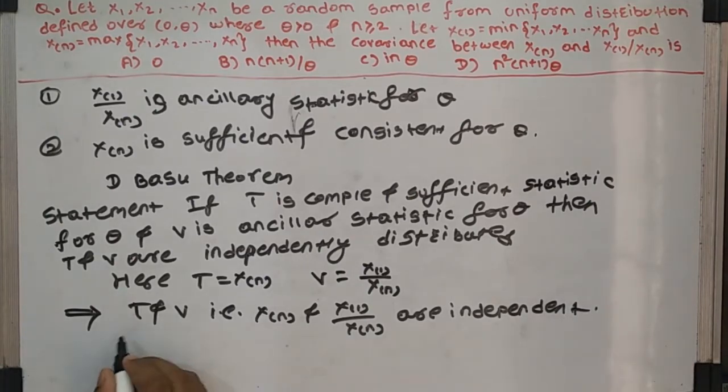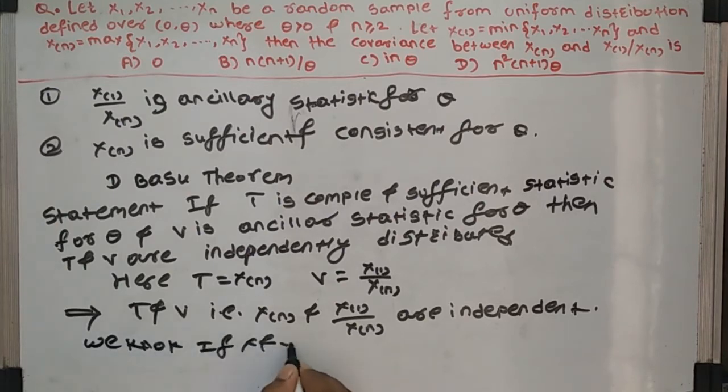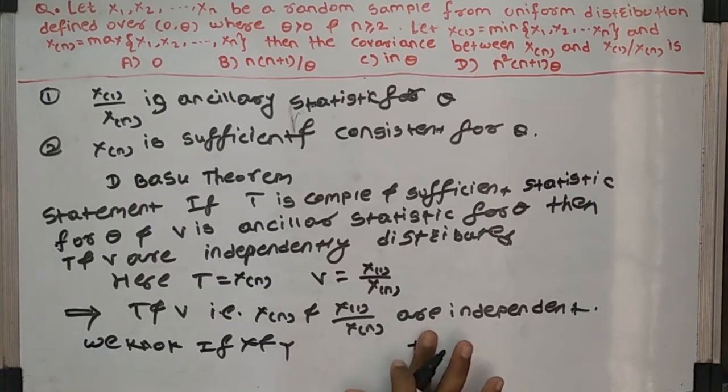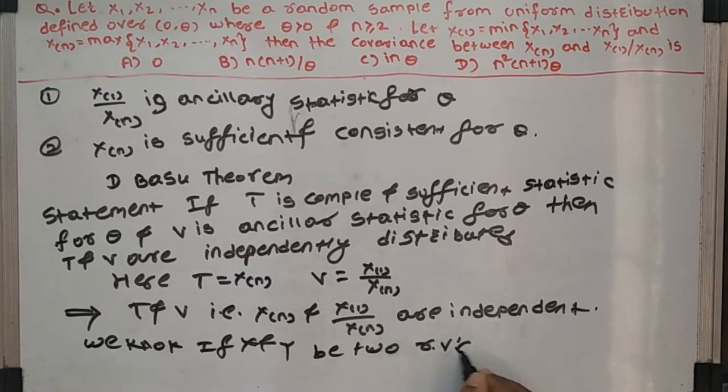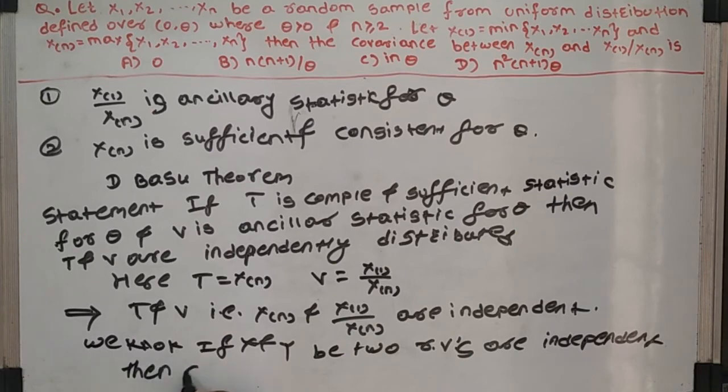We know that if X and Y are two independent random variables, then the covariance between X and Y is equal to 0.